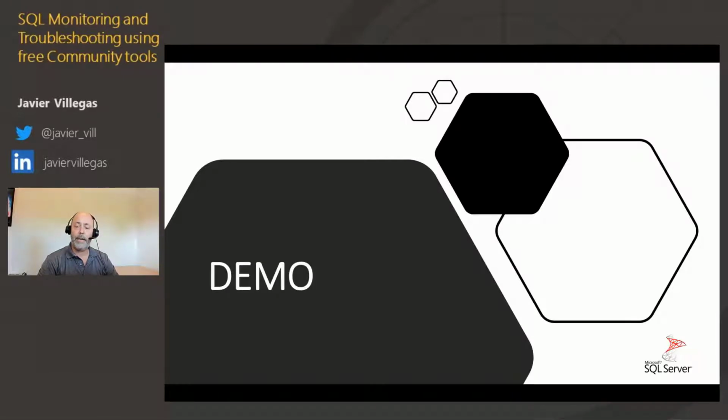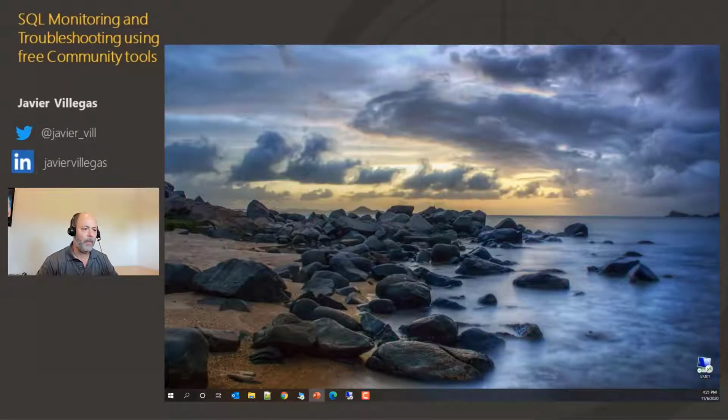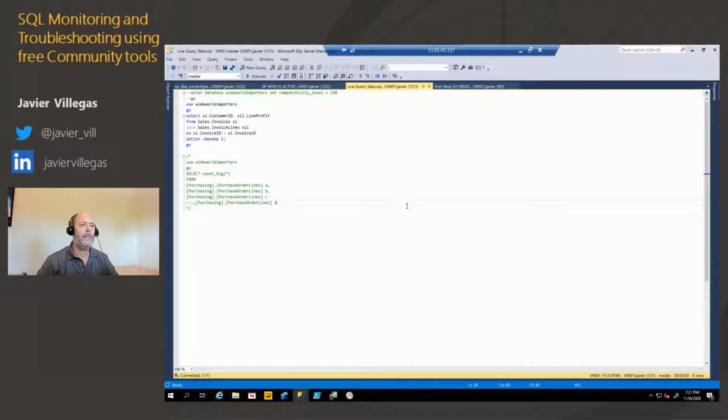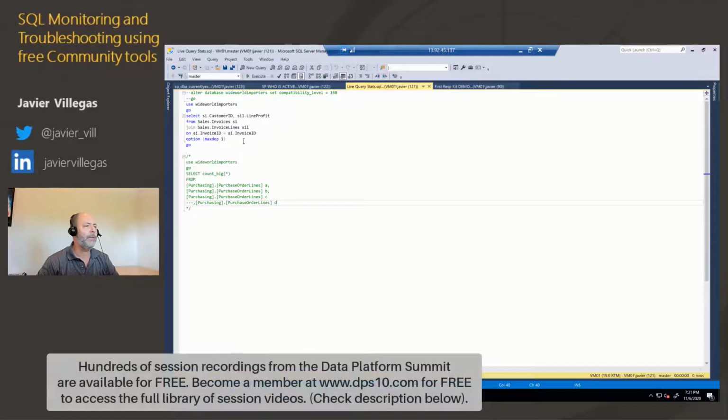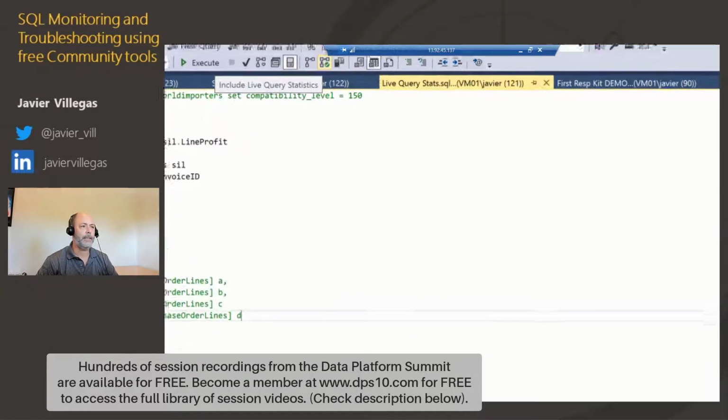So let's jump to the demo a little bit, so we see some of these points that we covered in action and we understand them a little bit more. So here I have a virtual machine, and what we will do here is enable the option at the top, include live query statistics, right?